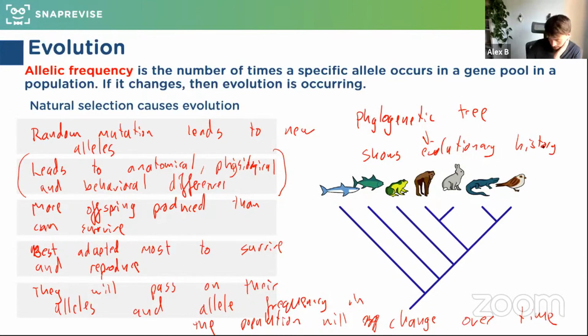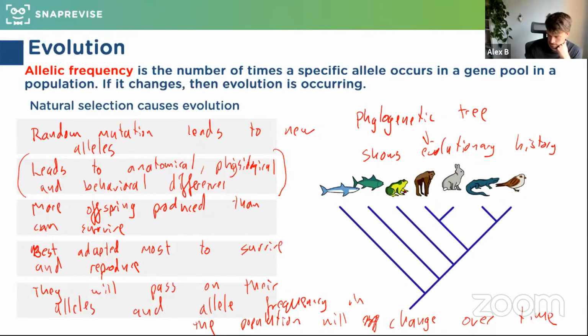We use them basically when there's a branch, when they split, that's when they last shared a common ancestor. So the more recent the split, the more recently they shared a common ancestor, the more closely they are related.